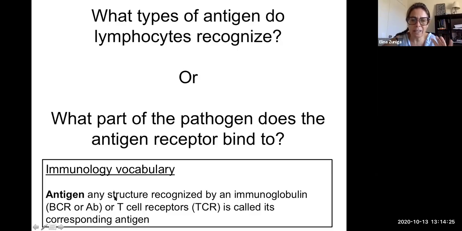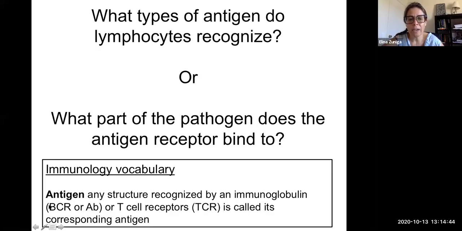Antigen is any structure that is recognized by an immunoglobulin, BCR or antibody, or the T cell receptor, TCR, okay? And it's called its corresponding antigen.